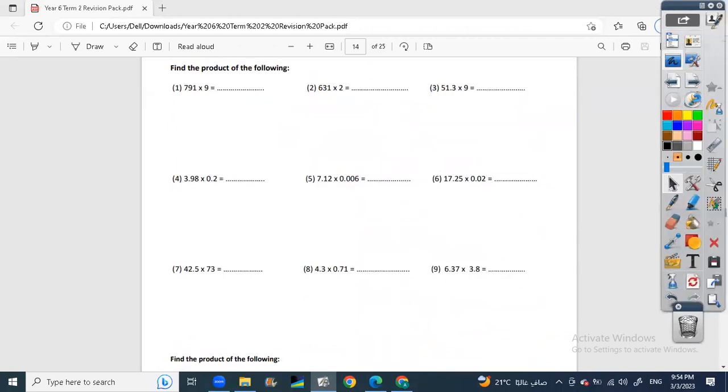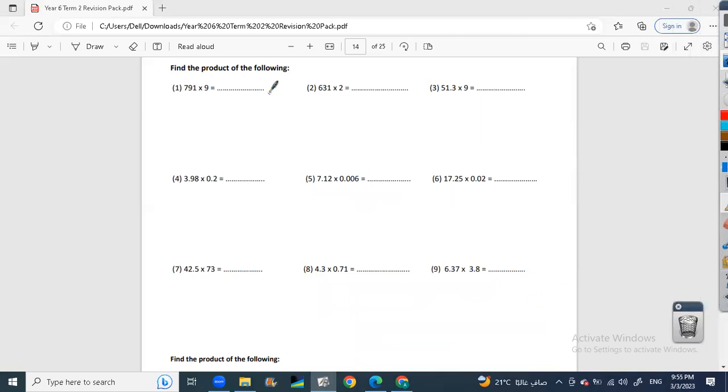Normal multiplication and division. Actually, only multiplication over here. Just remember, guys, that the word product means the answer of multiplication. Product means the answer of multiplication.